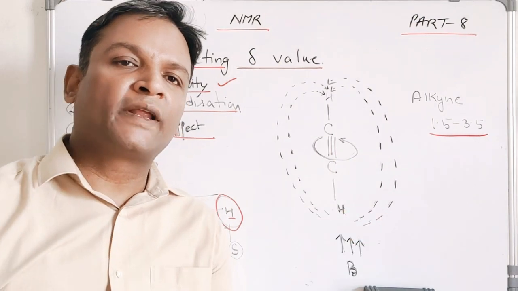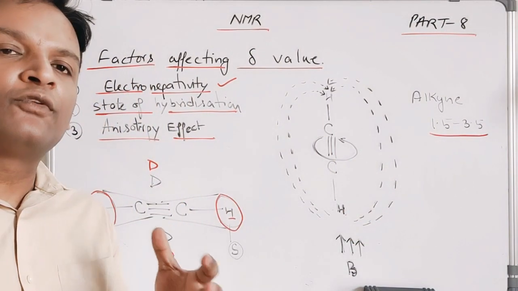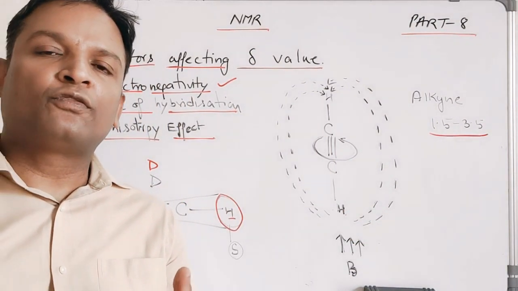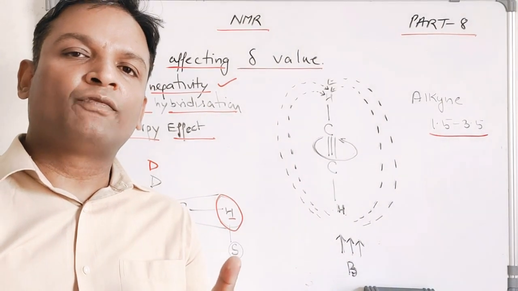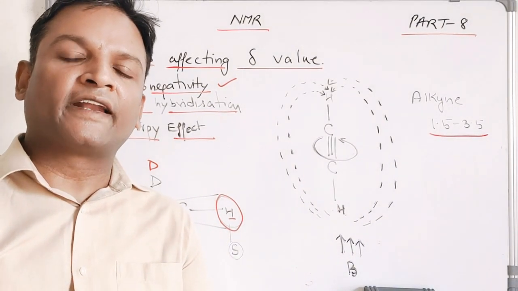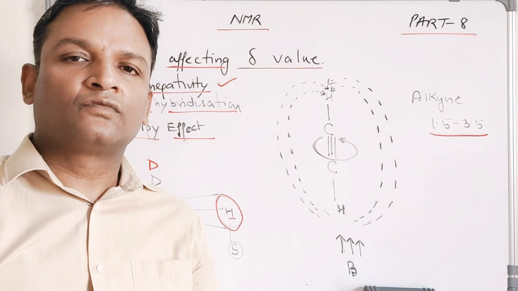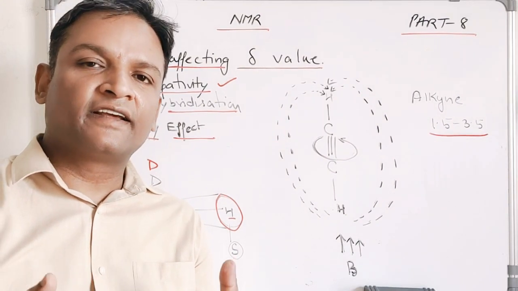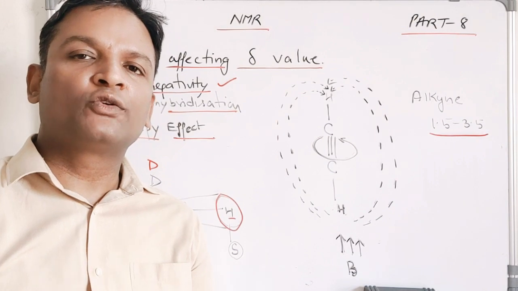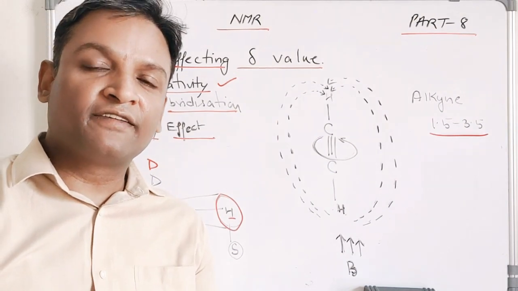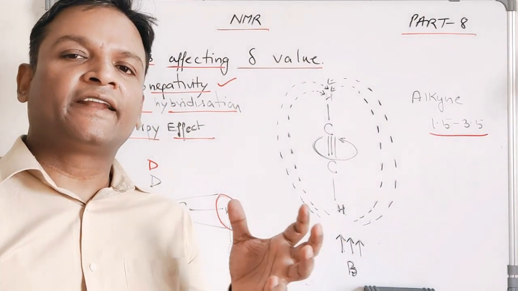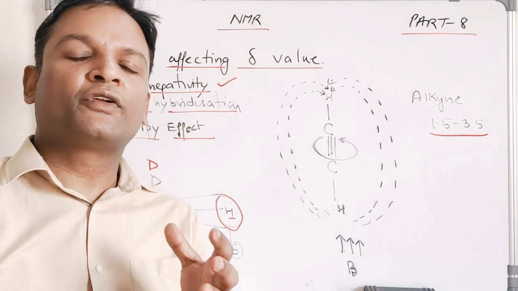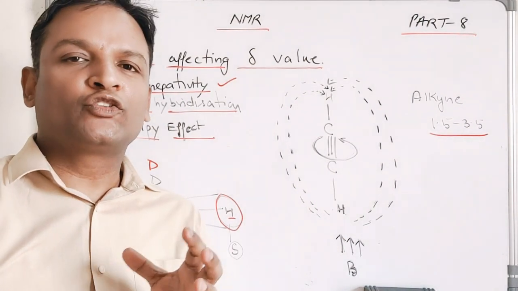So this is how we explain why anisotropic effect is responsible for the high delta value of aldehyde, the high delta value of aromatic compound, and the less delta value of alkyne. So on this effect we can explain why alkene has a very high delta value, and why alkyne has a less delta value, and why aldehyde and aromatic compound have a high delta value, because of the anisotropic effect.